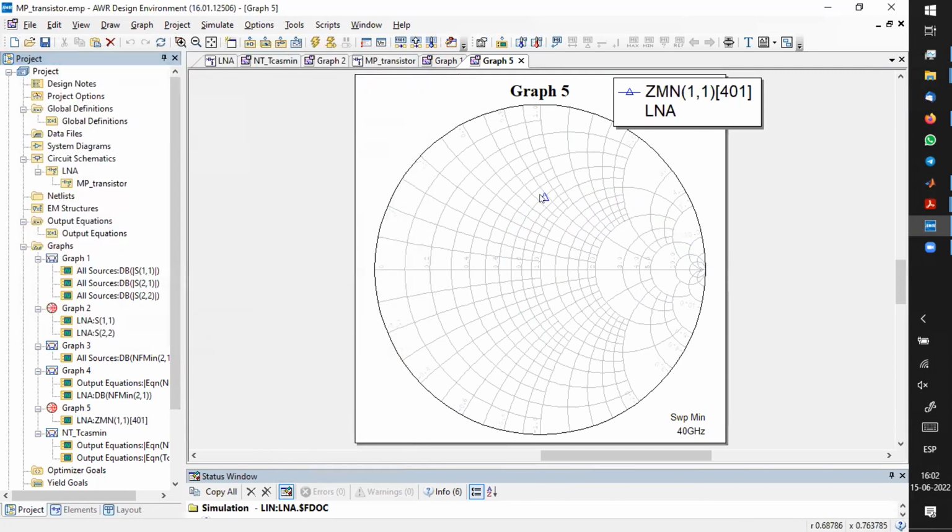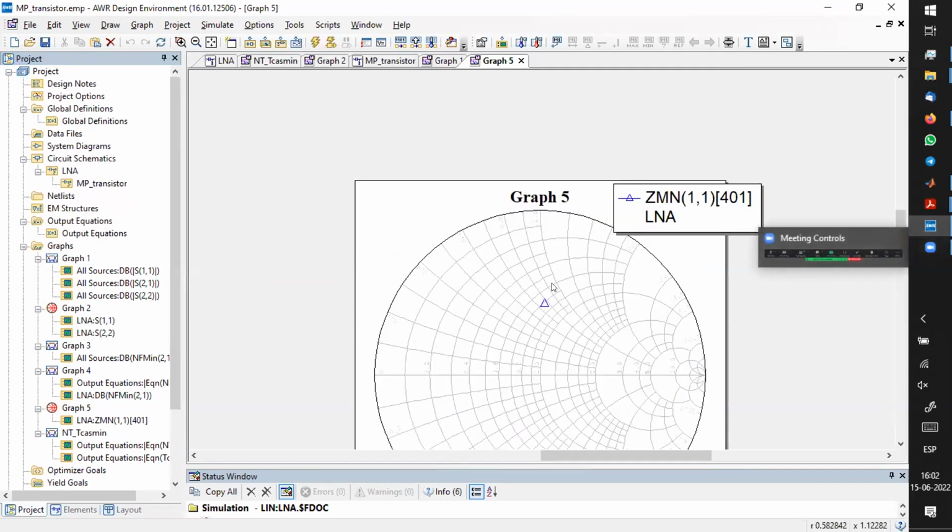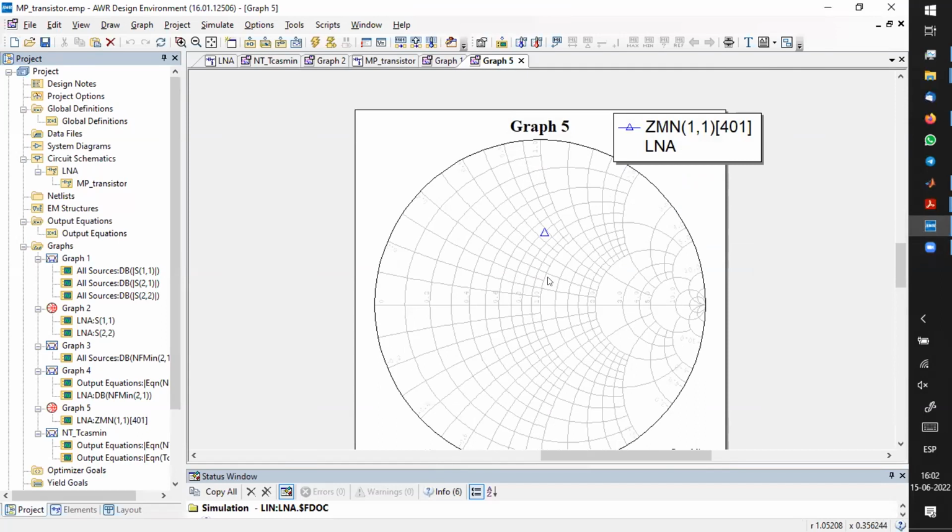Okay. So I think you are close to where I was, right? It looks like. I think it's there.